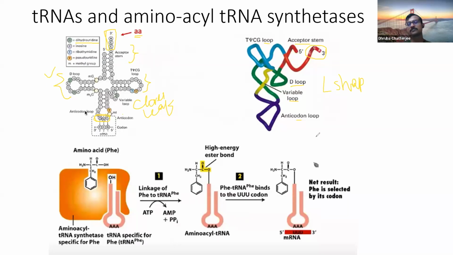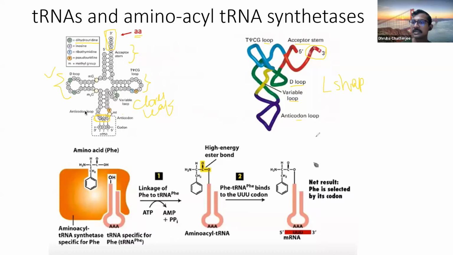Now, during translation, you have to appreciate that there is a fantastic specificity in how a certain codon is read by the ribosome and a certain amino acid is incorporated in response. This specificity is ensured at several levels.